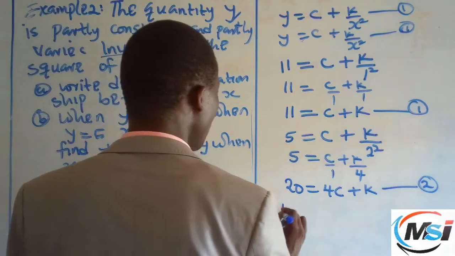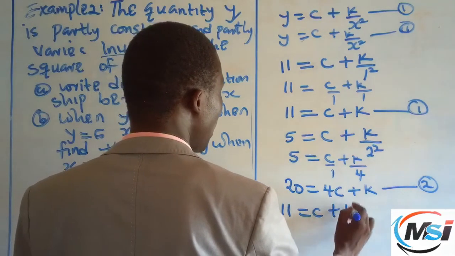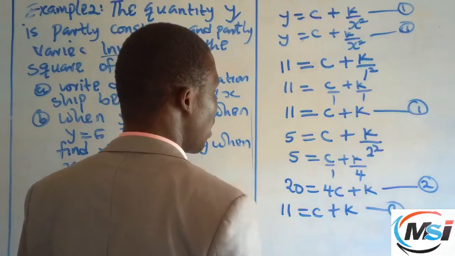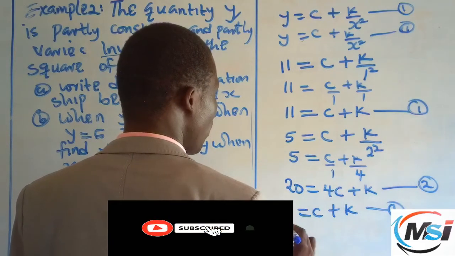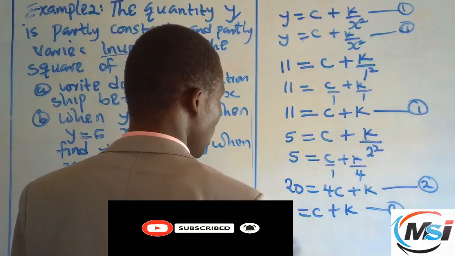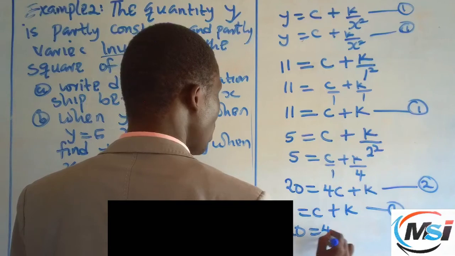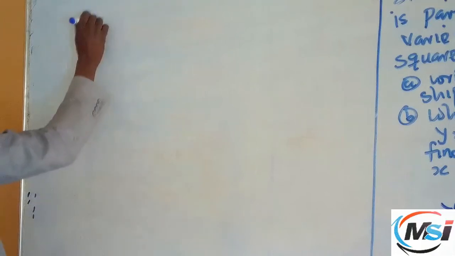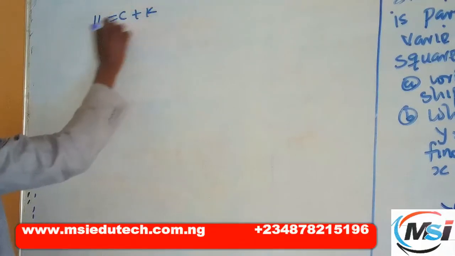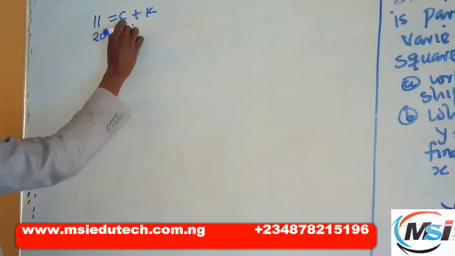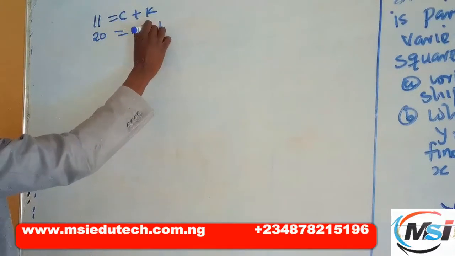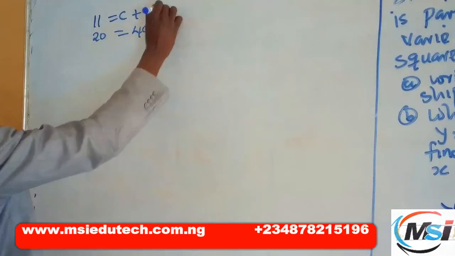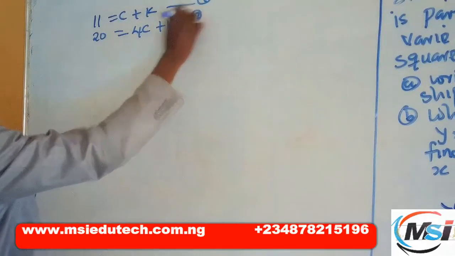We have the two equations: 11 equals c plus k, equation 1, and 20 equals 4c plus k, equation 2.